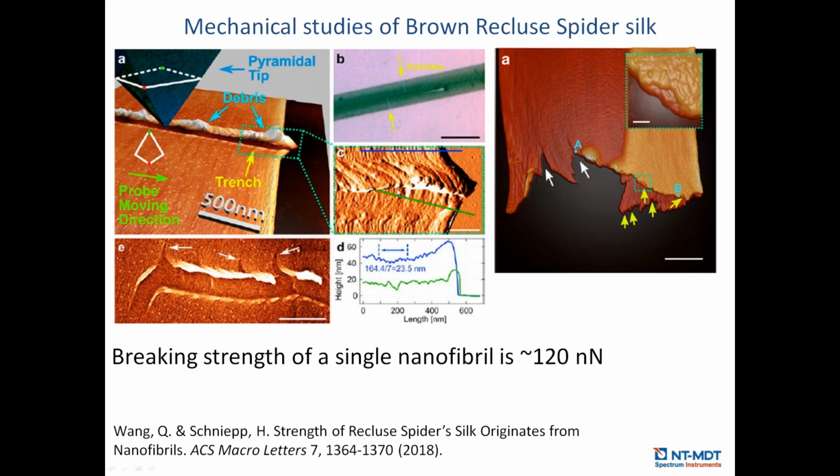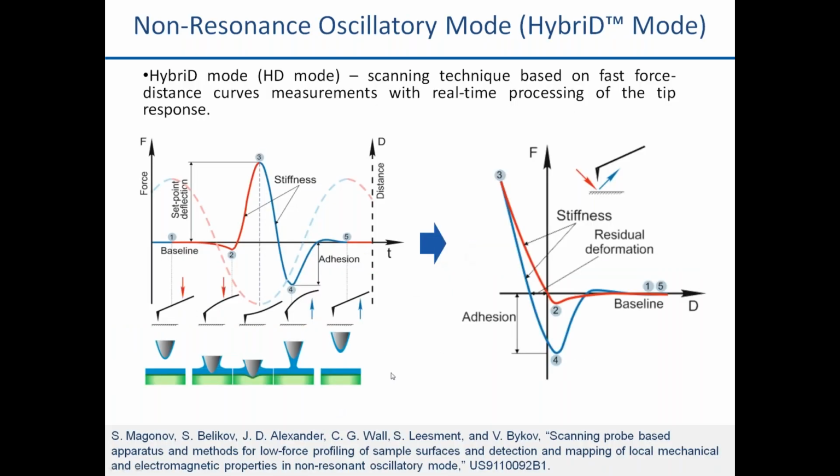In another work of this group, they took a diamond probe and cut the piece of silk with a high force, and thus they could study that the breaking strength of a single nanofibril is about 120 nanonewtons, and study the internal structure of this silk.